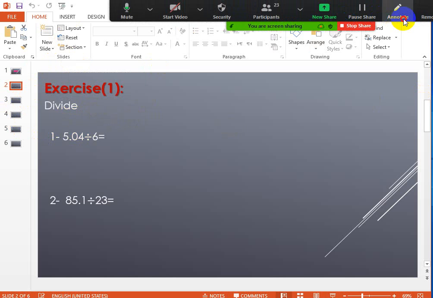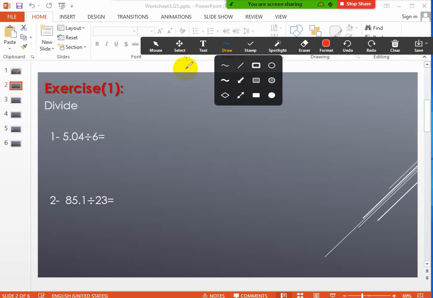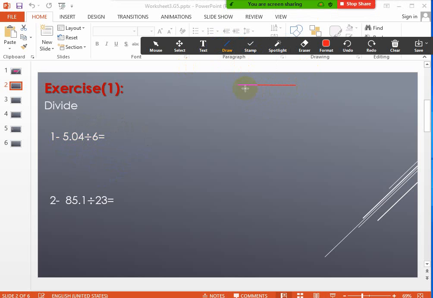Let's remember together how I will divide decimals by a whole number using the same strategy as long division to find the quotient. So first thing I will draw the leader line.